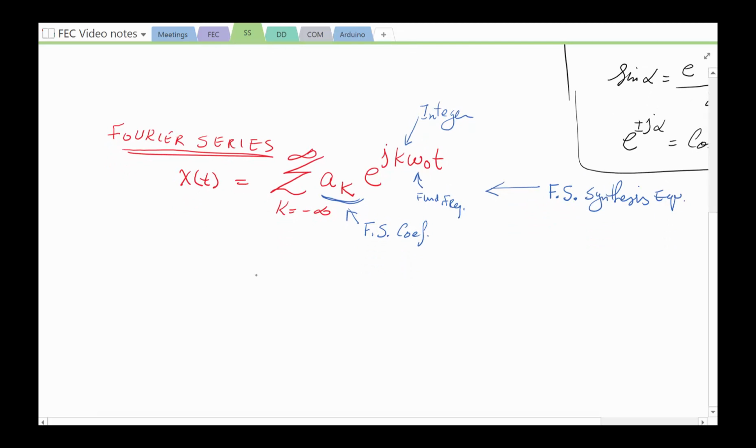Now let's spend a little bit of time thinking about this. If I expand the summation out, it's going to start from minus infinity, but I'm not going to write all of them.